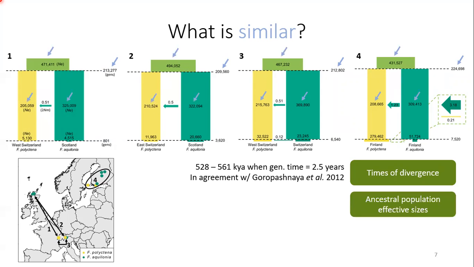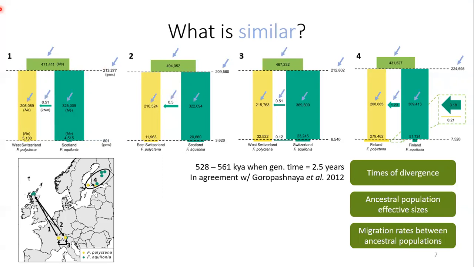We can also see that the estimates of the ancestral population effective sizes are very similar, both for the ancestral populations of the species and for the ancestral populations of each of the sampled populations. And finally, the migration rates between ancestral populations are also very similar across comparisons.